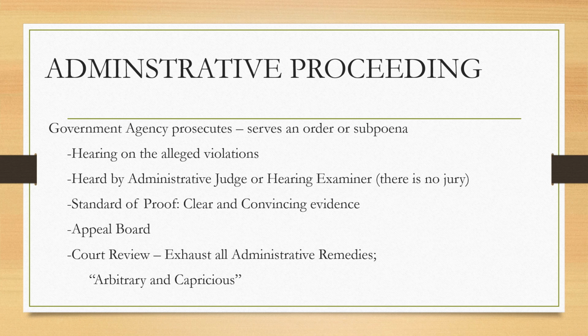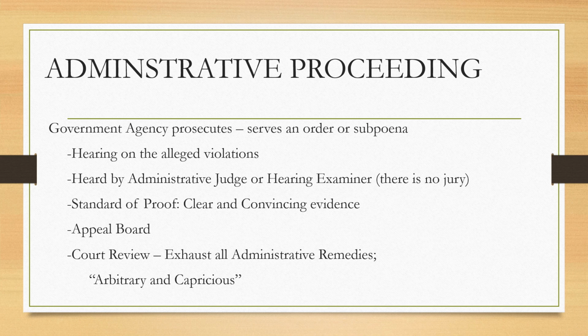The board looks at errors made by the judge which could ultimately affect the decision. If the appeal board finds an error, its only recourse is to send it back to the judge for a new hearing. If the appeal board affirms or agrees with the administrative law judge and keeps the decision the same, at that point the respondent can take their case to court for review.